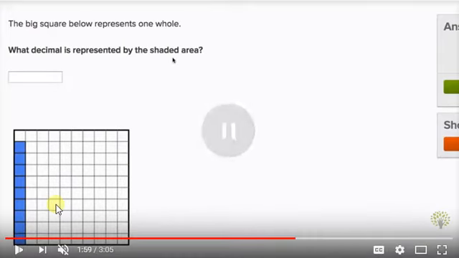Again, take some time to observe this square, and then write down the decimal representation for the shaded part. Pause the video and find someone close to you and compare the decimal number that you have written down for the shaded part.